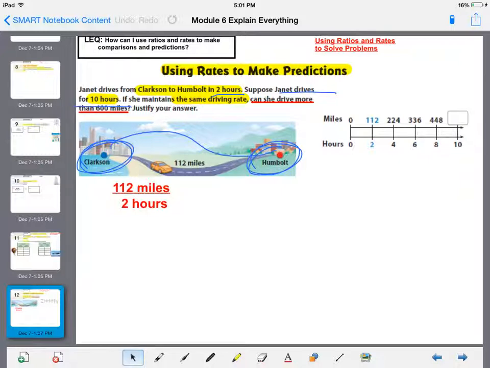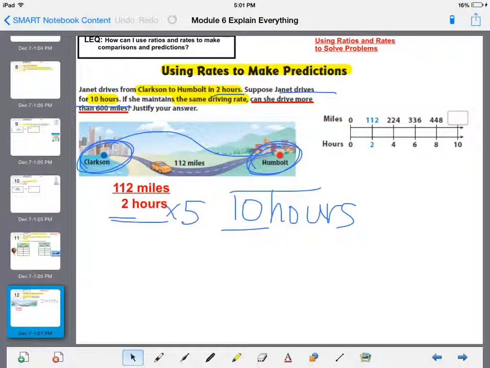Some of you used the multiplicative relationship and said, I need to get from 2 hours to 10 hours. To get from 2 to 10, we're getting bigger, so you have to multiply by 5. What you do to the hours, you do to the miles.